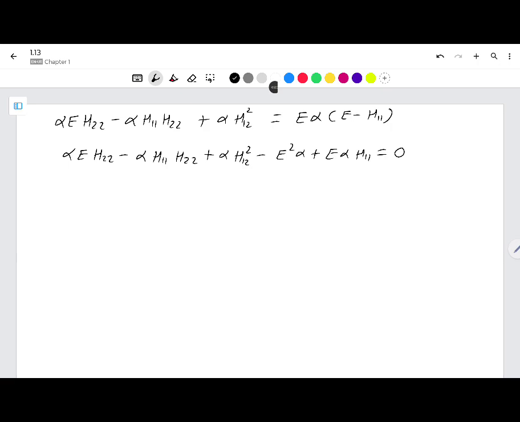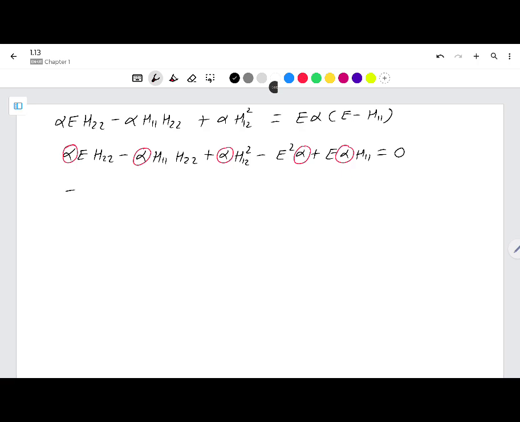So if we rearrange these terms, what do we have? Notice we have alpha everywhere, so we can always take it out since it's not equal to 0.